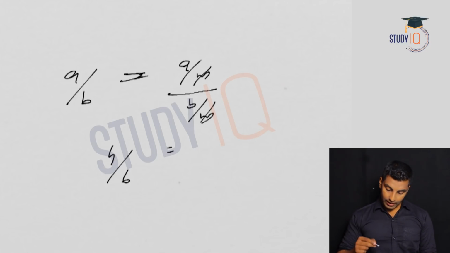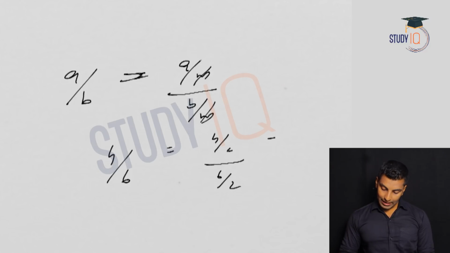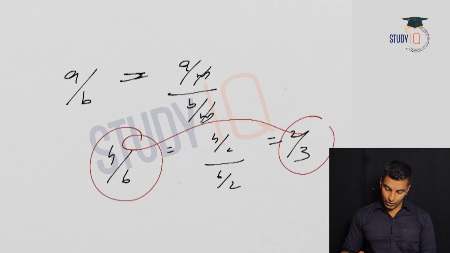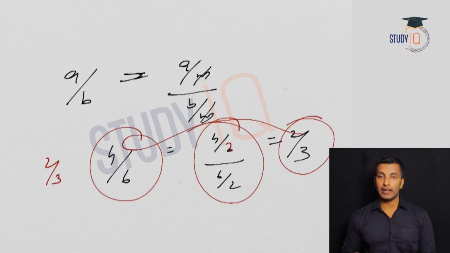Now you divide numerator and denominator by 2, so 4 by 2 and 6 by 2. What you get is 2 by 3. So the point which I need to tell you is these two are actually the same ratio. 4 by 6 is nothing but 2 by 3 itself.